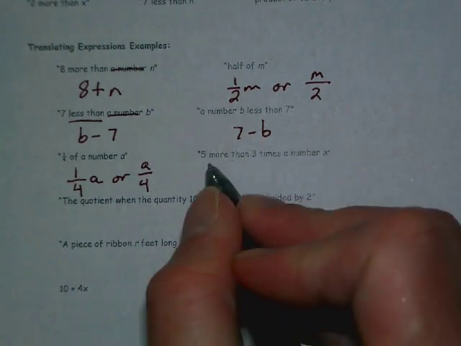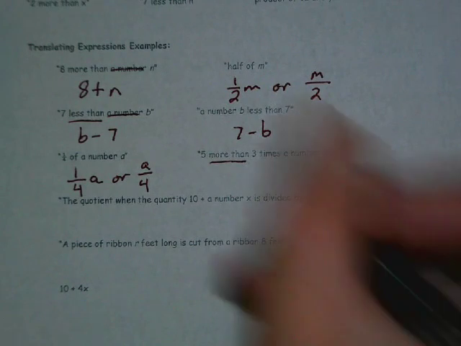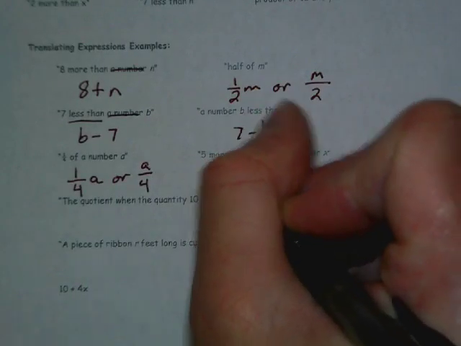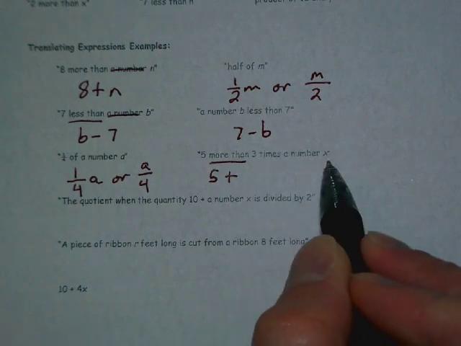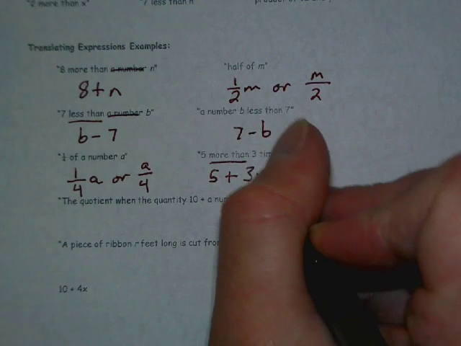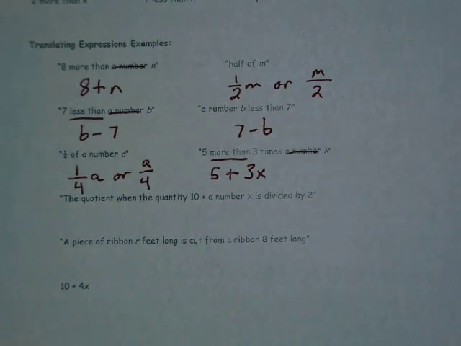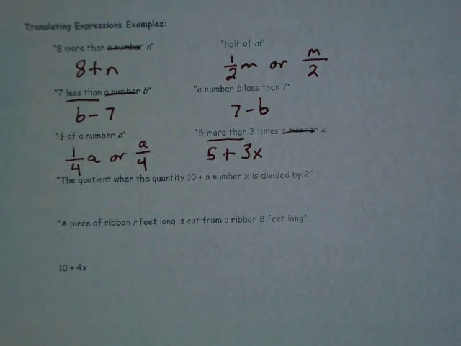Okay, next one, now we have two operations. You could have more than one operation in a problem. So the first part, more than, what operation is that? Addition. So I know I'm going to have 5 plus something. So 5 plus 3 times a number x. So 3 times x. And you end up with 5 plus 3x.